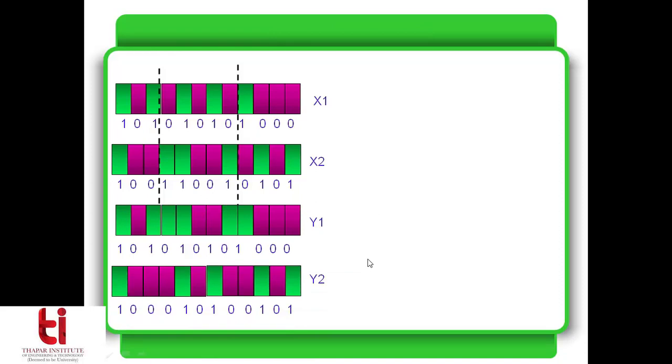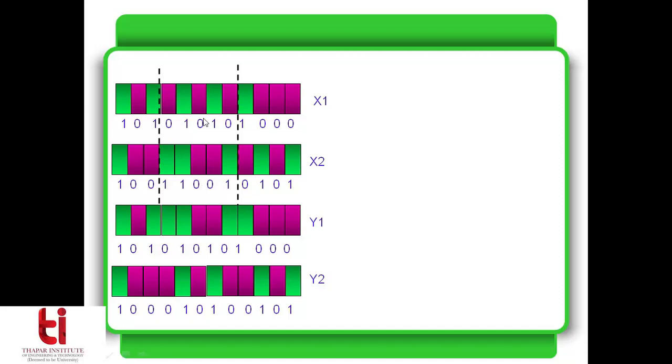So this is the 2-point crossover. In the case of the 2-point crossover, I choose two crossover sites. Consider my two parents, x1 and x2. Instead of having a single crossover site, I have two sites for crossover. The first occurs after the third element of my chromosome, whereas the next occurs after 8 elements of my chromosome.